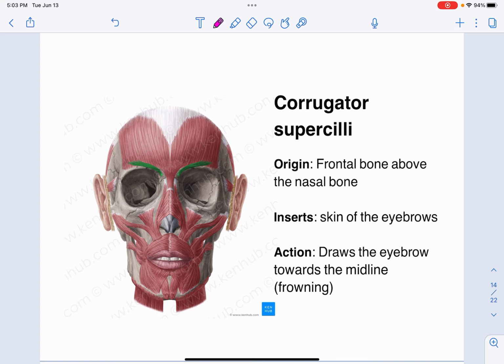So here's the frontal bone here. And it kind of dips down into the nasal bone region. It's going to insert into the skin of the eyebrows, and it's going to draw the eyebrows toward the midline, like a frowning face.